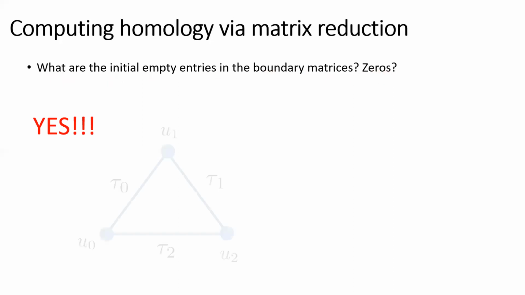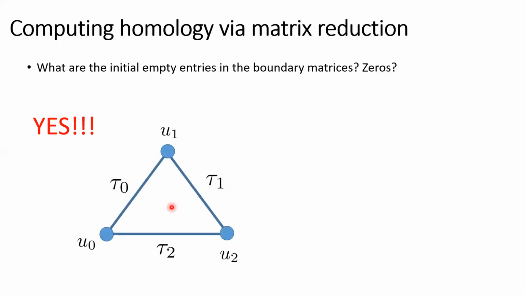For example, take the following simplicial complex. It's got 3 vertices, u0, u1, and u2. It's got 3 edges, tau 0, tau 1, tau 2, and we're going to orient them in the usual way, using the indices to indicate the direction of the edge.